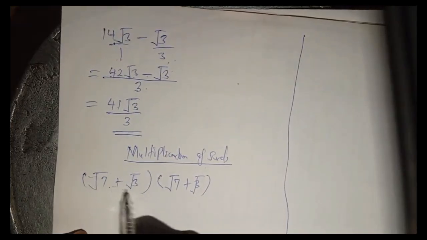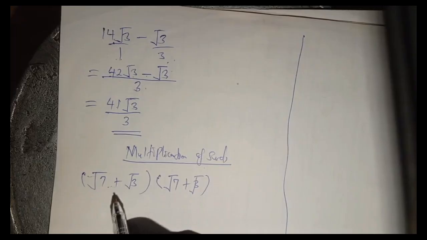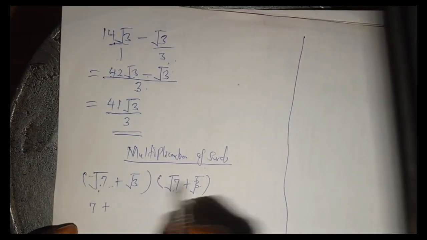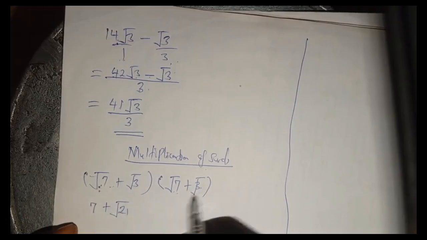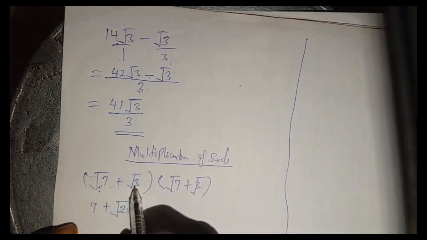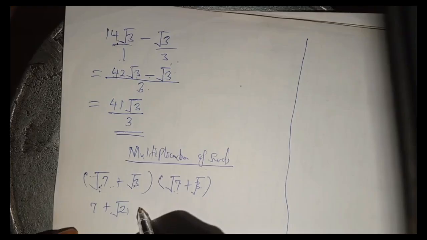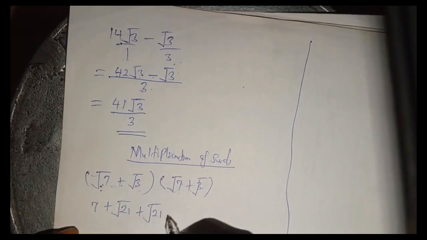So what I'm going to do, just like when you have brackets in algebraic expressions, this root 7 times root 7, the answer is 7, right? And plus root 7 times root 3, the answer is root 21. And done with this. Next is root 3 times root 7, which is plus root 21, and this is plus times plus is plus.